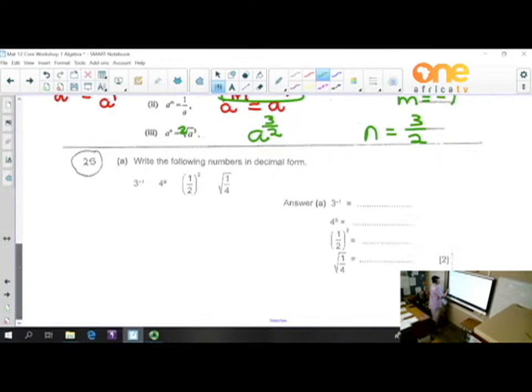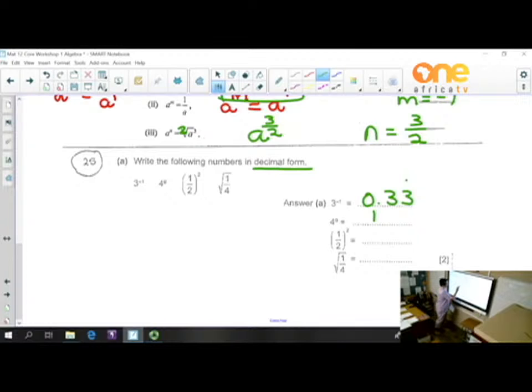The following one is very similar to that. Write the following numbers in decimal form, so now you can use your calculator. 3 to the power of negative 1. You just press your calculator. It must be in decimal notation, so it will be 0.33. It's a recurring fraction. The next one, anything to the power of 0 is 1.